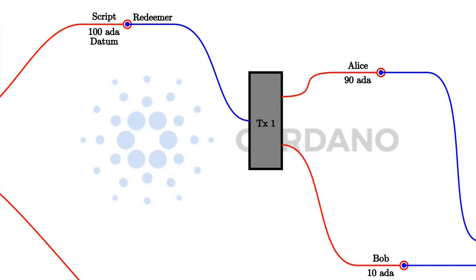So this is the eUTXO model, the extended unspent transaction output model. And that is, of course, not tied to a specific programming language. I mean, what we have is Plutus, which is based on Haskell, but in principle, you could use the same concept, the same eUTXO model with a completely different programming language.